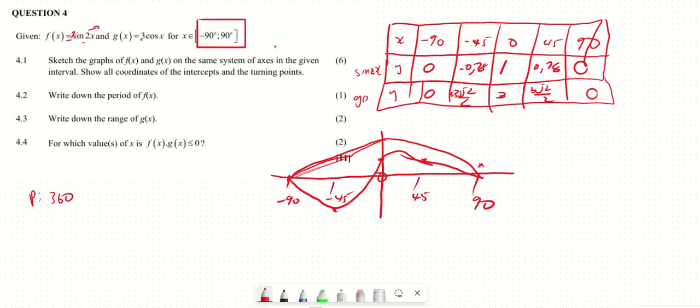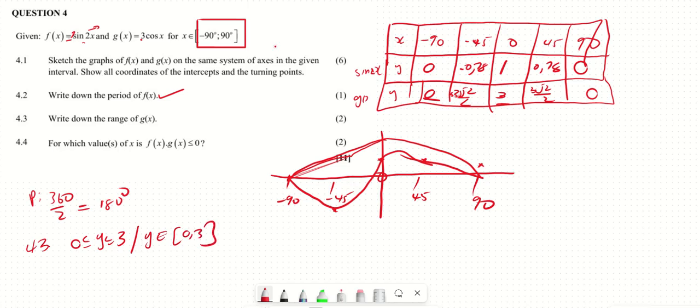We know that it is 360. Then we divide it by these two. Then the period here is now 180. So that's the period. Then the range of g. We check the range of g. G is starting from 0 to 3. So 0 is less than or equal to y, which is less than or equal to 3, or y is an element of 0 to 3.